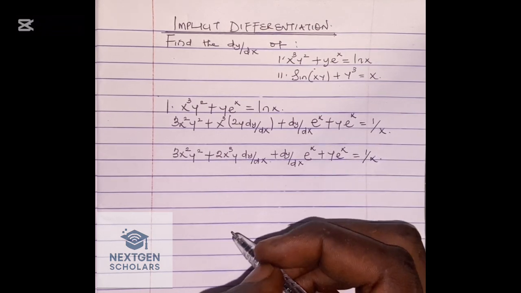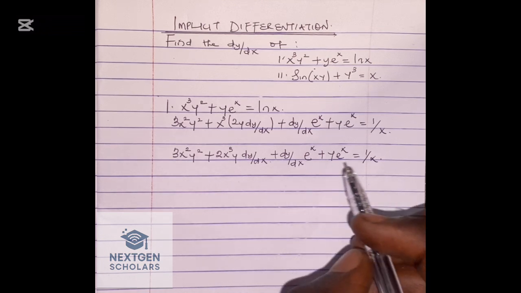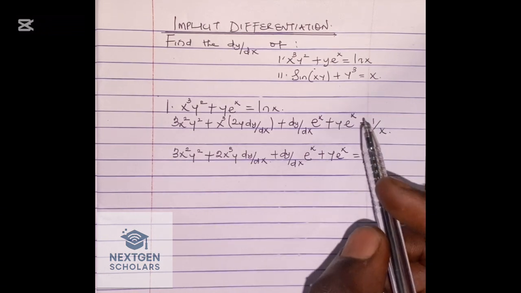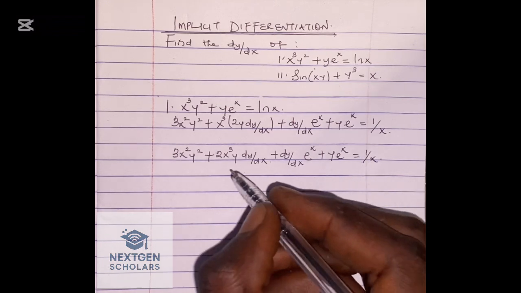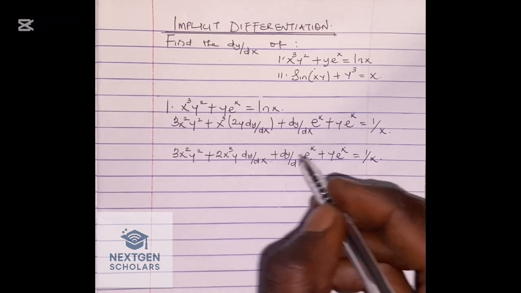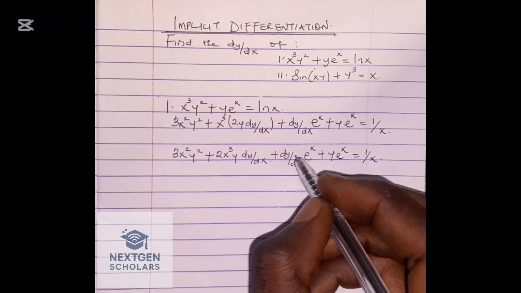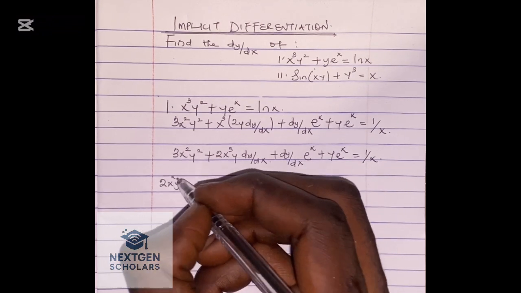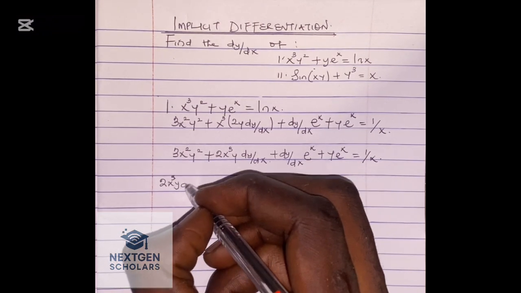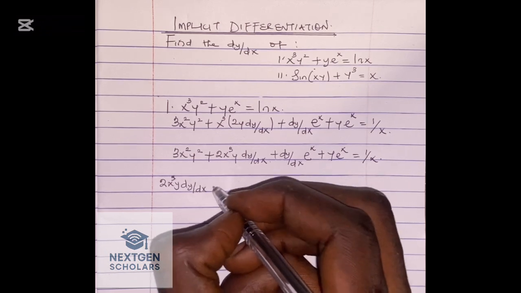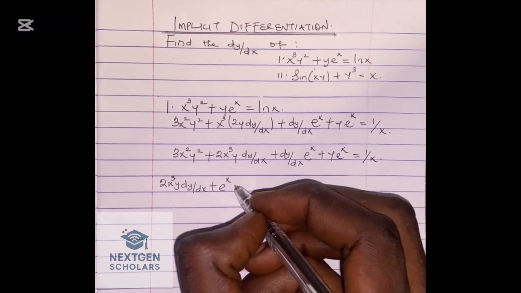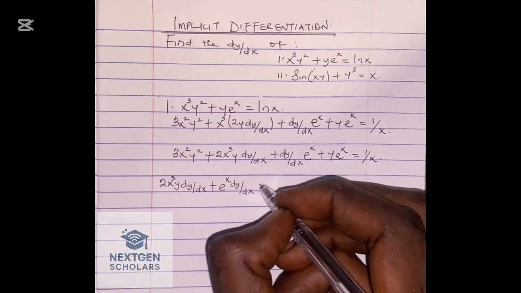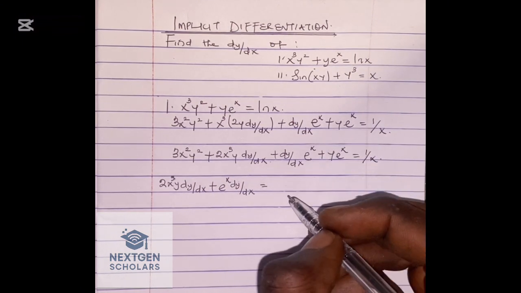Now what we do next is put all the dy dx terms together, and everything that doesn't have dy dx at another place. Here we have dy dx, here we also have dy dx, so let's put them together. We have 2x cubed y dy dx plus e to the x dy dx, and every other thing should go to the right hand side.